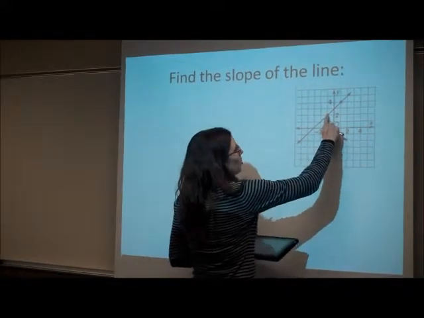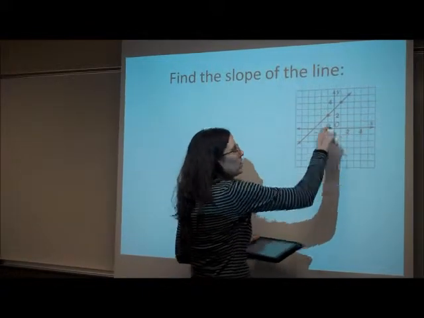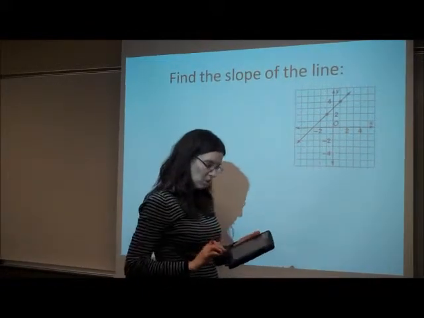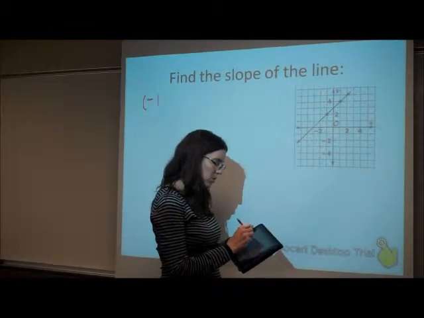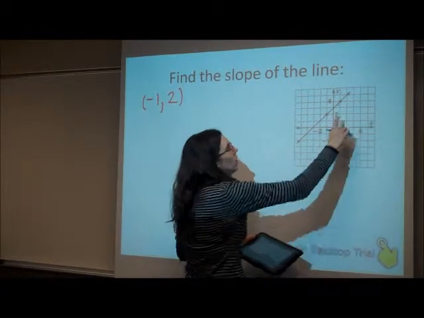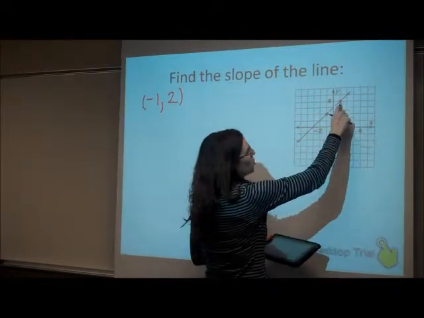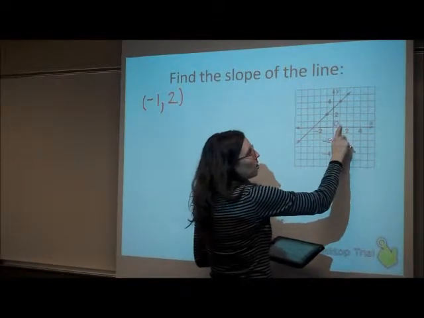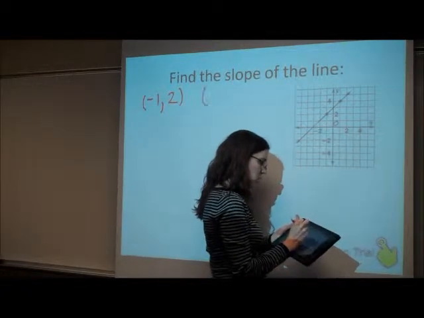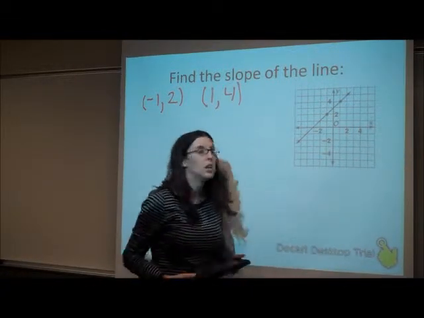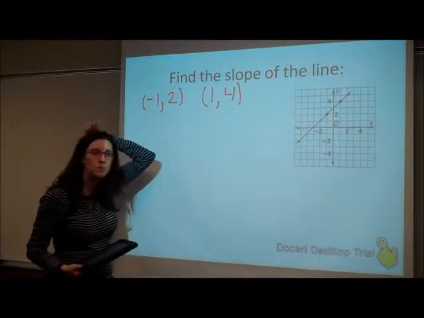So if we look at this point, it would be -1, 2. So I'm going to just write down my points. So I have -1, 2, and this one, they've already given me some points to use, is 1 over 1 up 1, 2, 3, 4. So 1, 4. Okay, so those are the points I'm going to use.